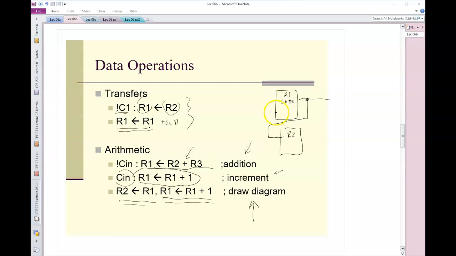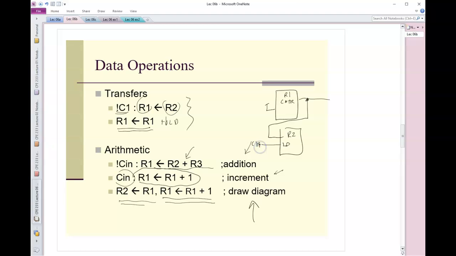So once again, this is a counter here. It's going to have an up signal on it. It looks like the up signal is always on, and we'll say this has a load signal with a C in.